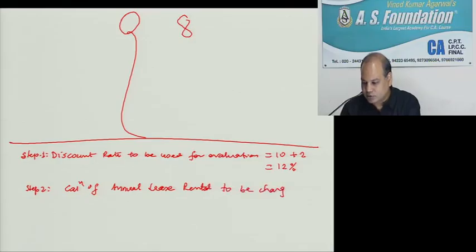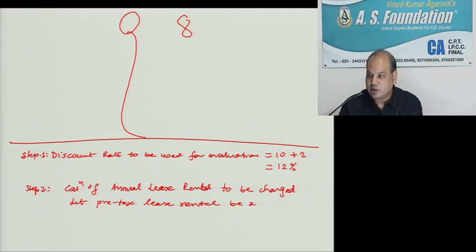This is your question. It is like the previous problem, but the lease rentals are payable in advance. Second method of depreciation is straight line method. Let pre-tax lease rental be X.